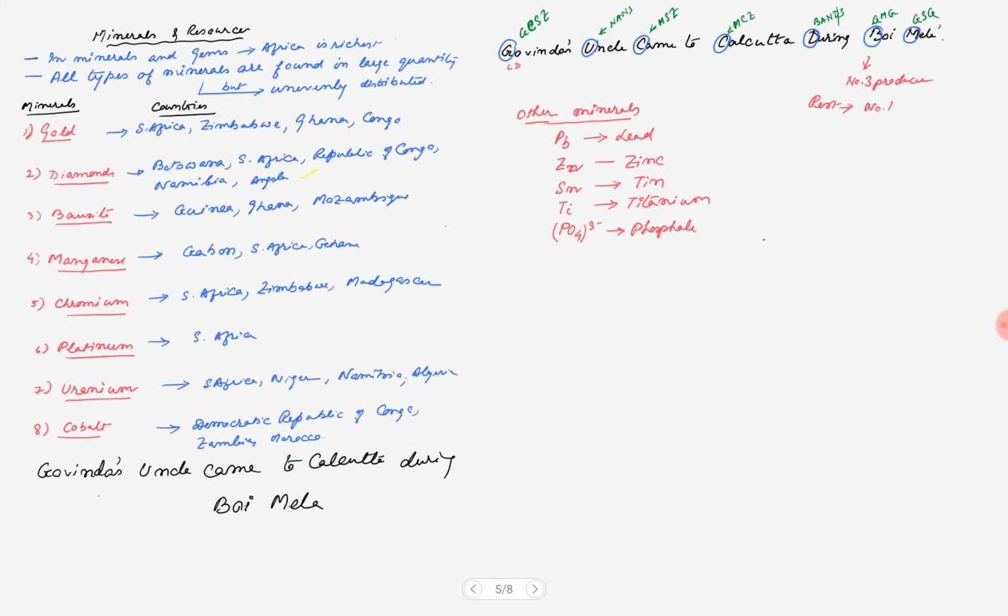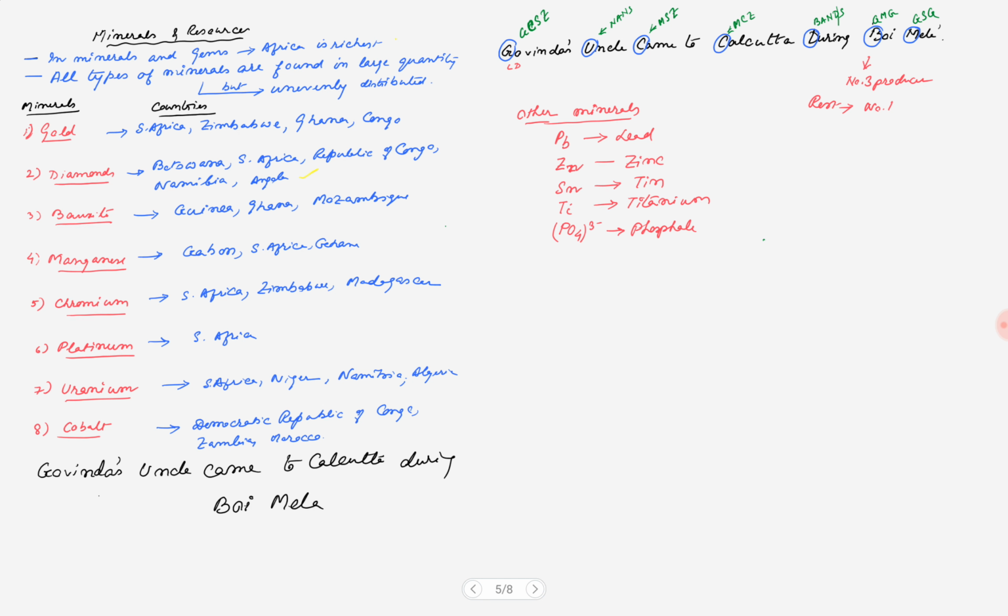So remember this sentence, and I put a round mark with blue, and these indicate all minerals. So what does this mean?